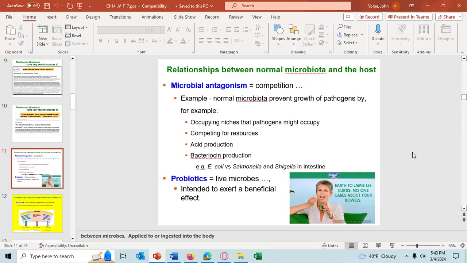All right. Another way the normal microbiota can engage in microbial antagonism is if the normal microbiota produces a protein that we give the name bacteriocin, which inhibits the growth of a pathogen. For example, E. coli produces bacteriocins that inhibit the growth of Salmonella and Shigella.